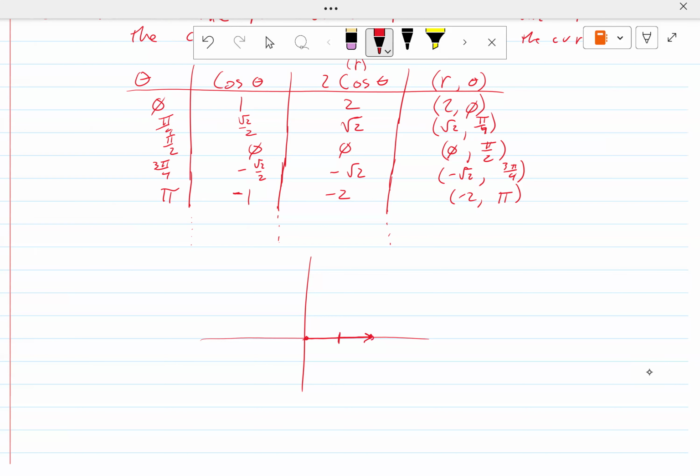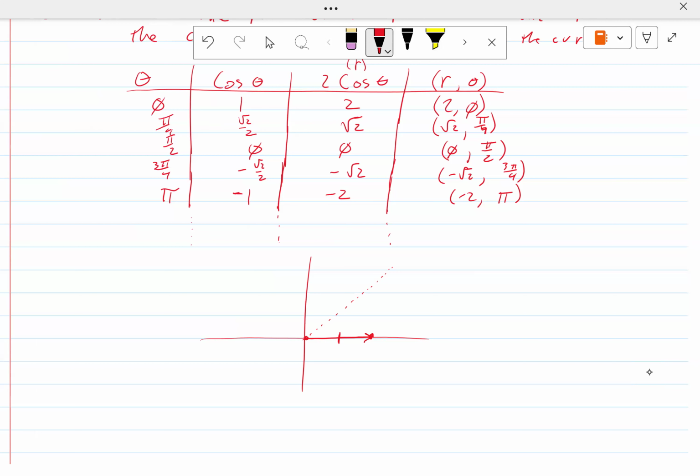Okay, so I have this point here at 2, 0. At pi over 4, which is a 45-degree angle, I have a radius of radical 2. Huh. Okay. So at pi over 4, I have a radius of radical 2.